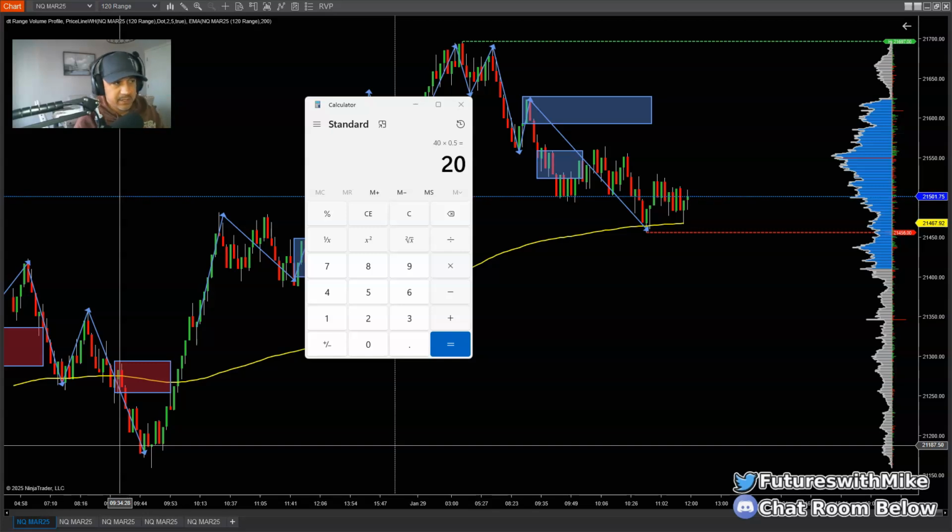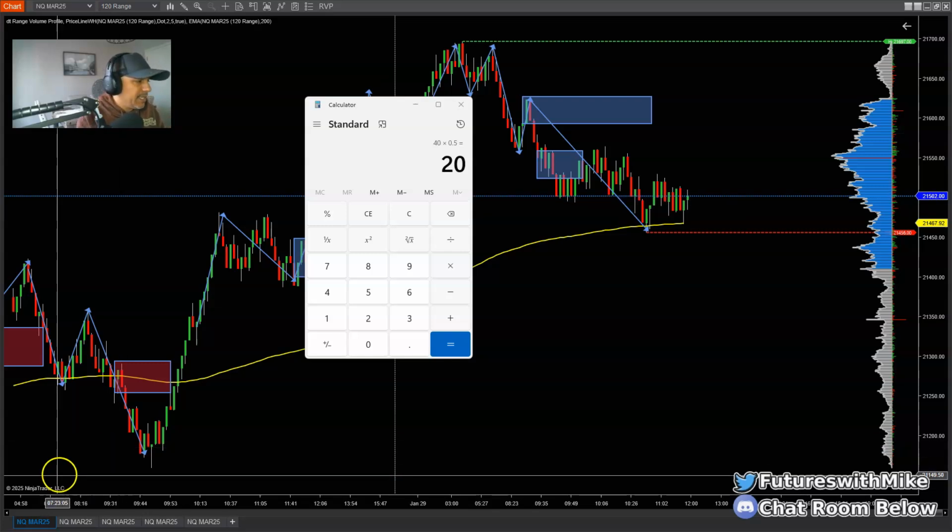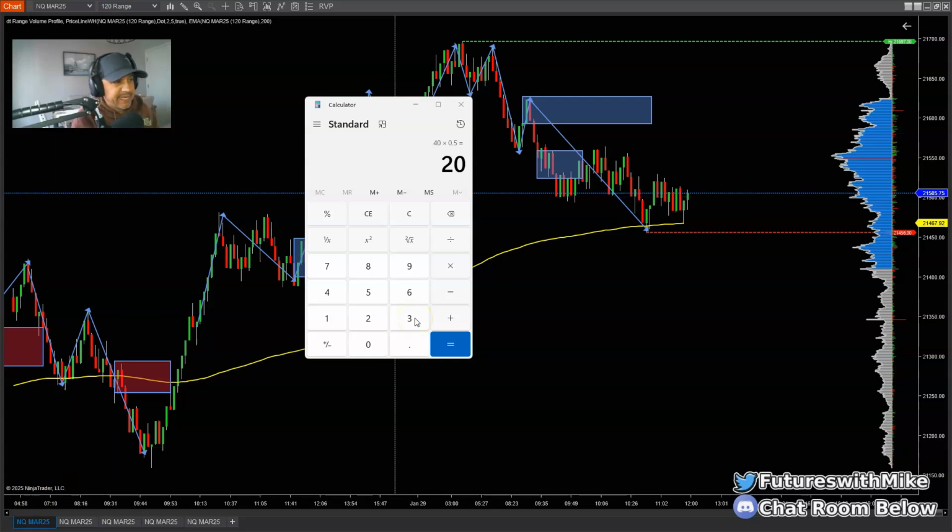So in this example, I would only be leveraging my account at about 5%. I'm looking to basically make, in this example, say $60, because I'm going to trade 3 contracts, because that's what I can pretty much risk. Well, I'm going to have to go in for about 3 setups to get close to that $200.